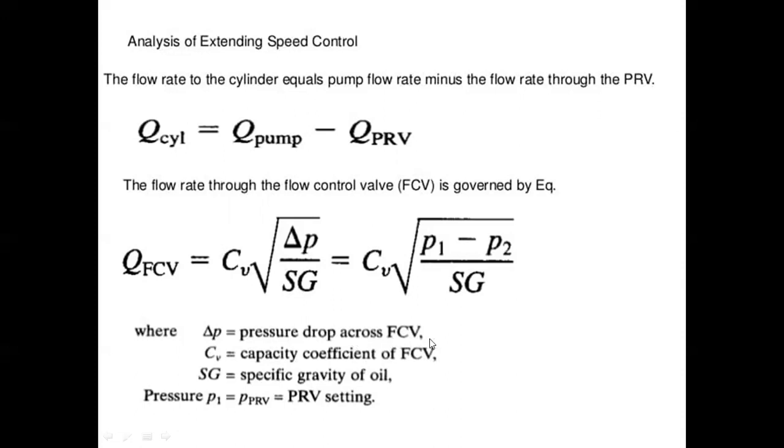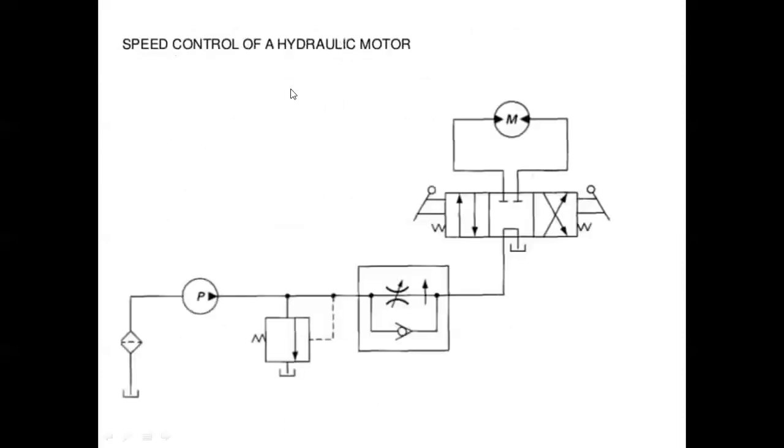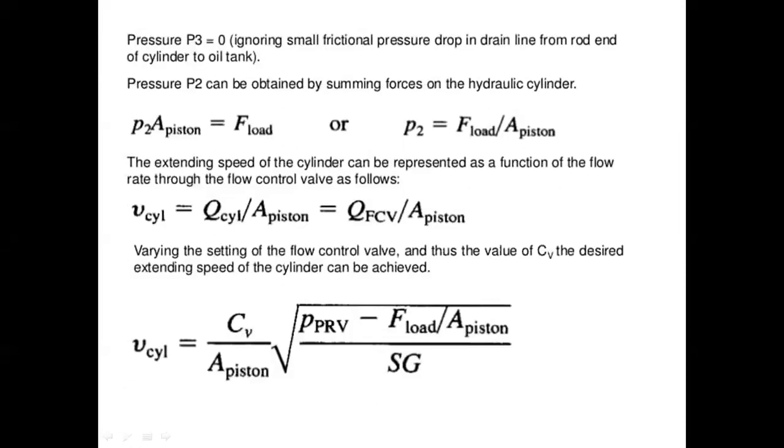Delta P is the pressure drop across the FCV, CV is the capacity coefficient of the FCV, SG is the specific gravity of oil, P1 is the PRV setting, and P3 is the small friction pressure drop in the drain line from the rod end of the cylinder to the oil tank. Pressure P2 can be obtained by summing forces on the hydraulic cylinder: P2 A_piston equals F_rod, or P2 equals F_rod upon A_piston.